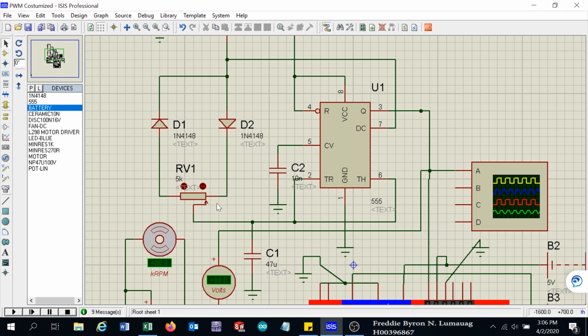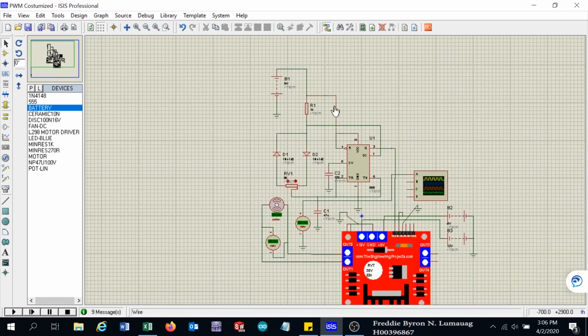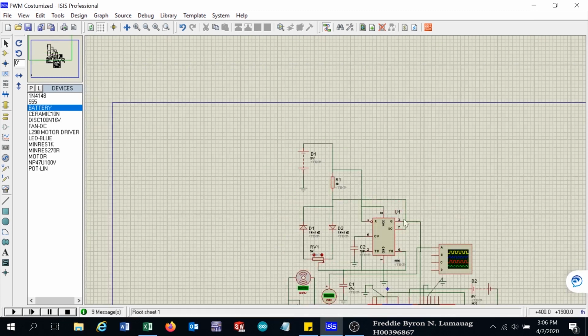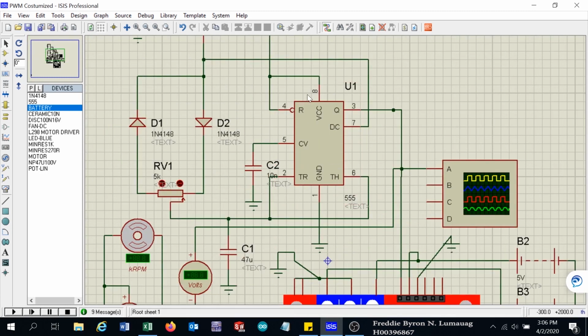through this potentiometer, and we have both signal diodes here, and the supply here is 9 volts. Okay, so this is our circuit here, and we can vary further the frequency by changing this capacitor.